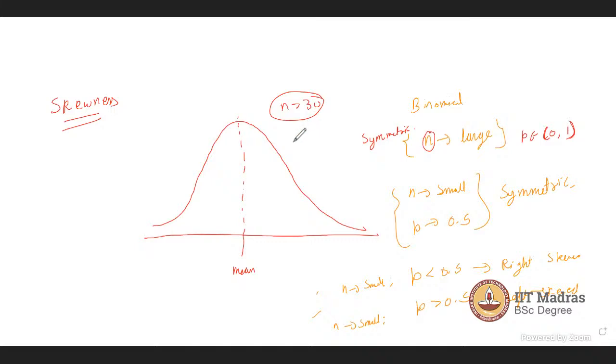Sir, in session, ma'am told with the example n equal to 40, so that's why I'm asking. Yeah, it depends on the situation. But even if you look at n equal to 40, it's tending to symmetric. For all values of probability, it approaches symmetry. Okay, thank you.